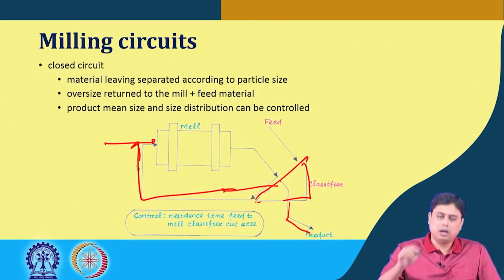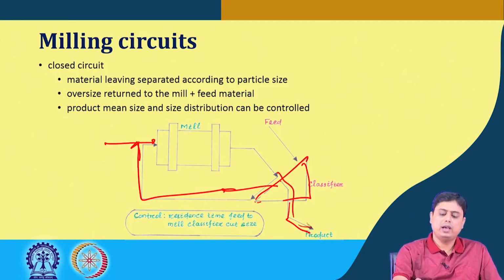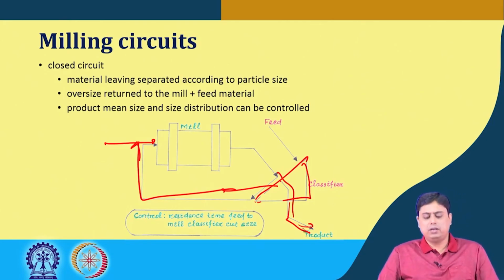So, it continues until we have a sufficiently fine product. That means you create products of a certain desired range. This is more controllable than the previous open circuit operation.